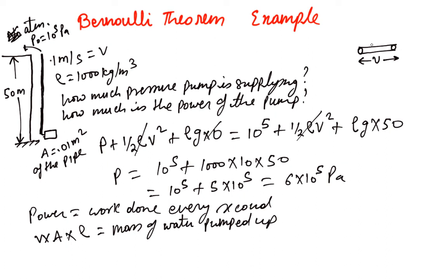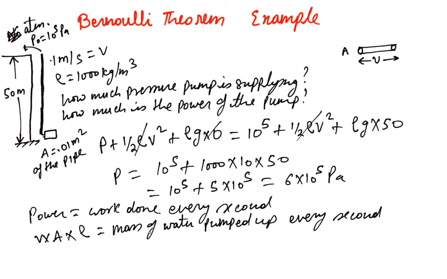This is the volume of water which enters the pipe every second. V length of water enters every second with a cross section A. So A V is the volume of water, and when you multiply the volume by density, that gives the mass of the water pumped up every second, because V is the length of water being pumped in the pipe every second.